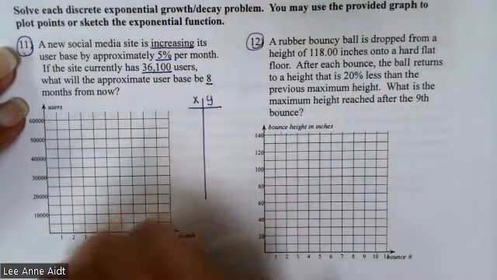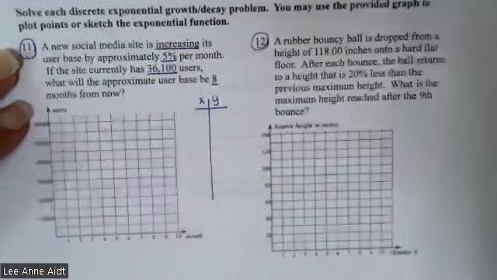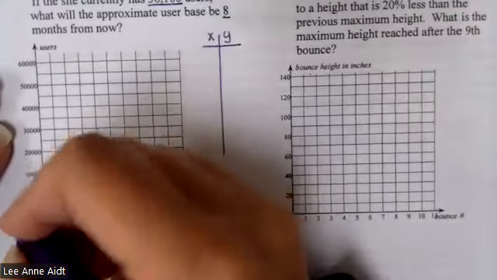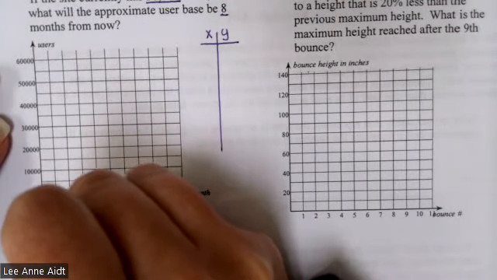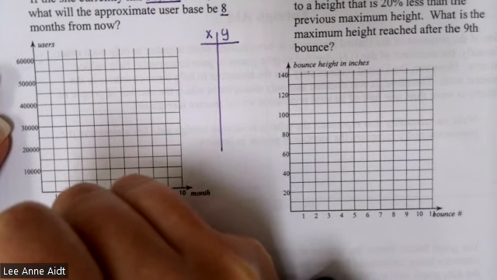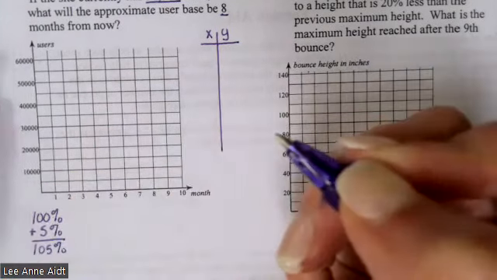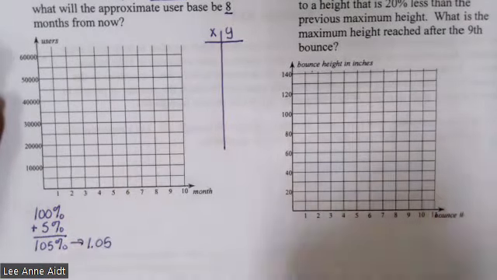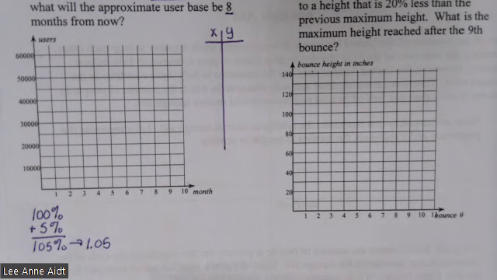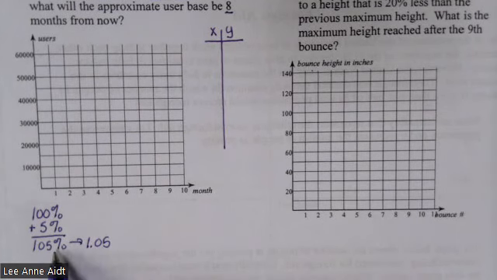Because it's increasing 5%, I'm going to go down here and I'm going to say 100% plus 5% is 105%, which gives me a multiplier of 1.05. So remember, when you do a percent to a decimal, you move the decimal point over 2 spots.